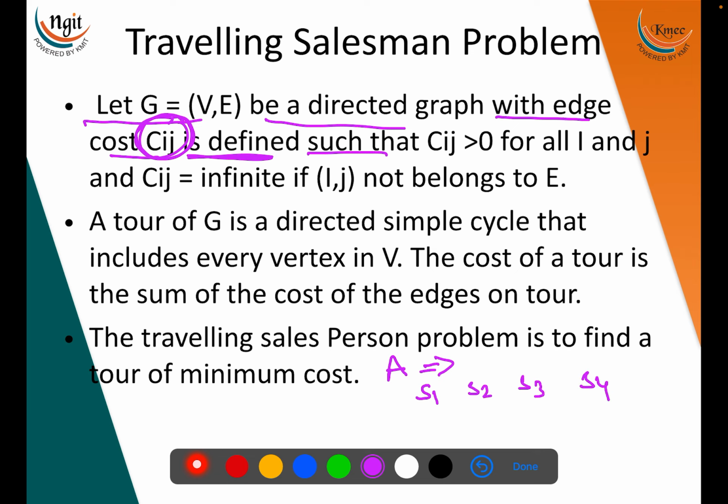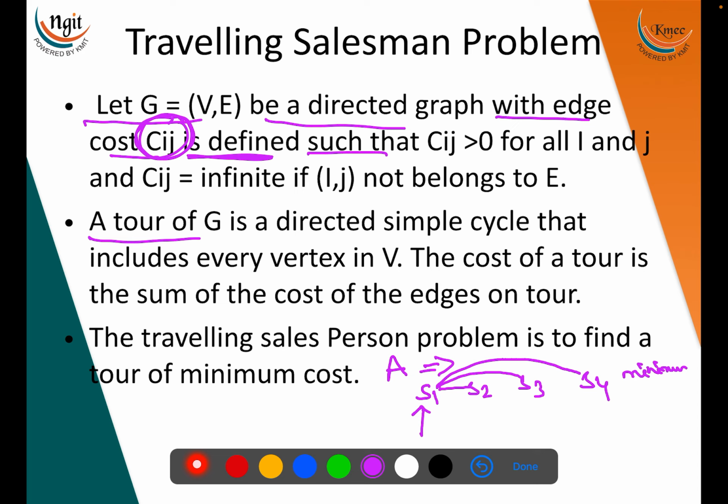Now he is planning a tour among these cities. Let us assume this is his home city, so this is the starting vertex. Naturally from the home city he can go to S2, or S3, or S4. So stage-wise he can take a decision depending upon the minimum cost of the tour.